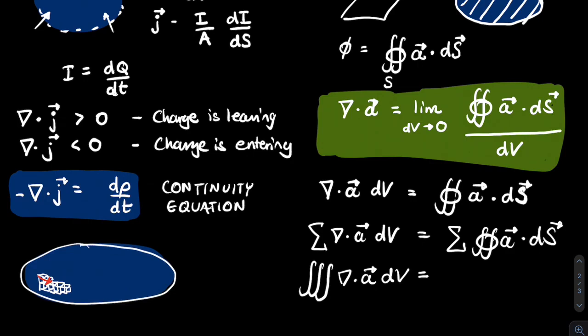All of the ones that are facing each other inside the surface are going to cancel each other out, because the flux exiting here is going to be exactly the same as the flux entering here, bar the minus sign.